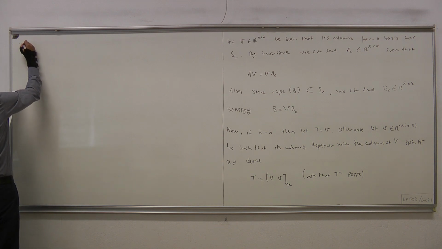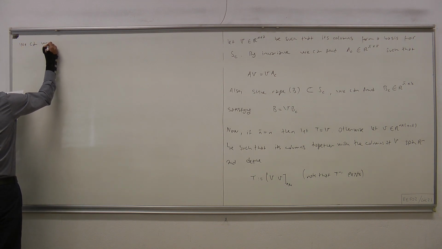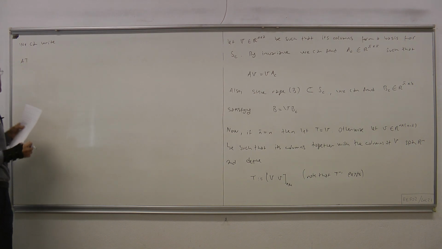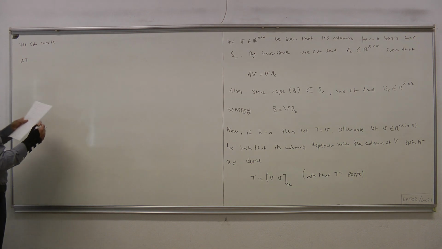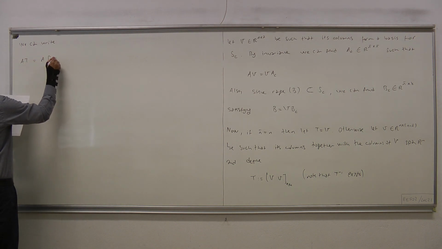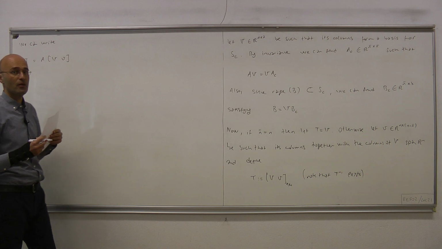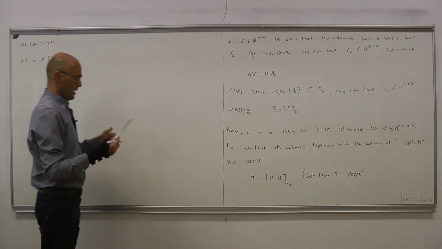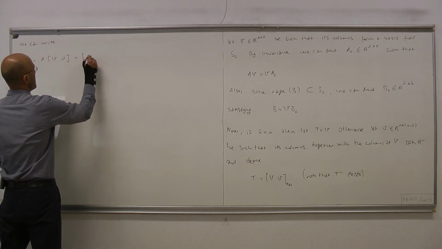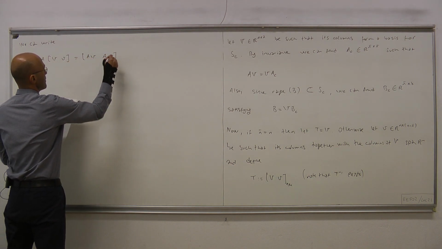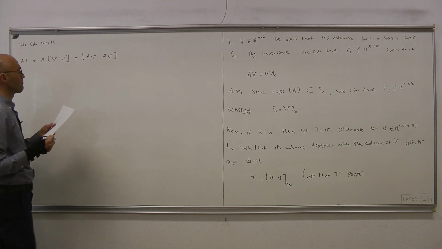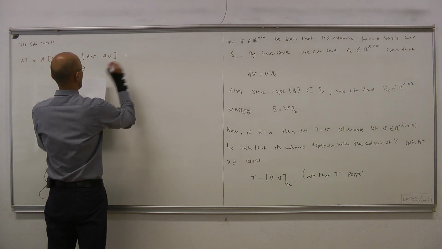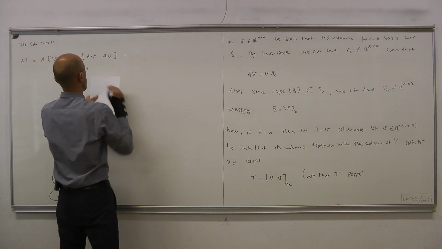Okay, we now proceed as follows. A times the similarity matrix T equals A times V and U. Okay, this is how we constructed T, and that reads AV and AU.